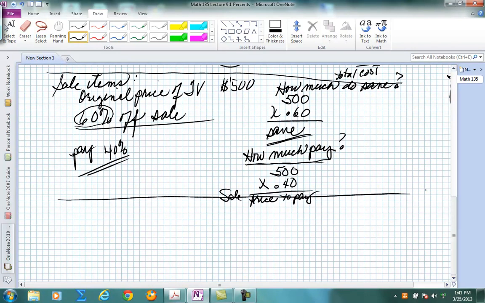Merchants use percents to help them mark up items. So if it costs them a certain amount, they want to make a profit. So the cost of the item plus the profit is going to be what they sell the item for, or what we have to pay for it.